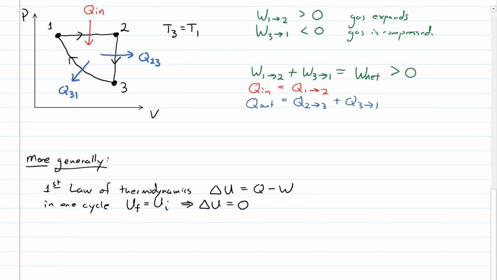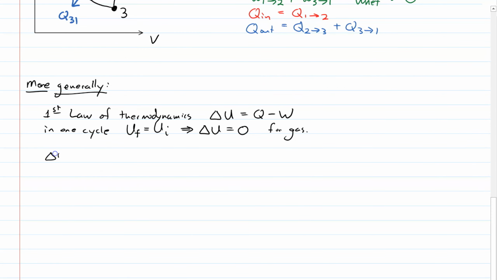In other words, the gas always starts at some place and then ends up back at the same place if it's a cyclical process. Okay, so it'll start at 1, do something, and then end up back at 1. So U final is equal to U initial, and delta U is equal to 0 for the gas. And that means that delta U is equal to Q minus W, so this is going to be 0.